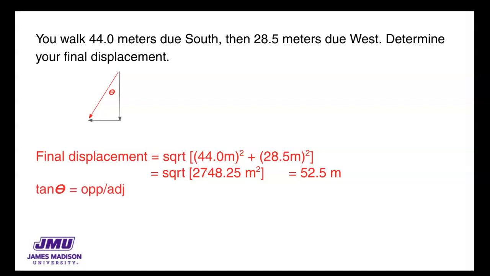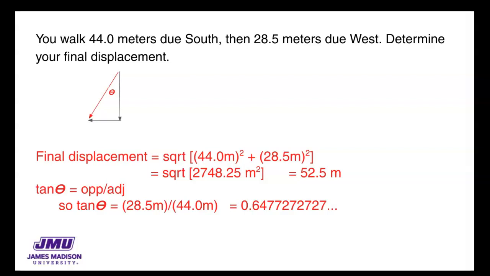For the angle, I need to do the inverse trigonometry again. So I know tangent theta is a way to relate the opposite and adjacent sides, and I already knew the opposite and adjacent sides. I could use sine or cosine now that I have the hypotenuse. That would be fine also. Tangent theta is the opposite side, which is 28.5 meters to the west, divided by the adjacent side, which is 44.0 meters to south.